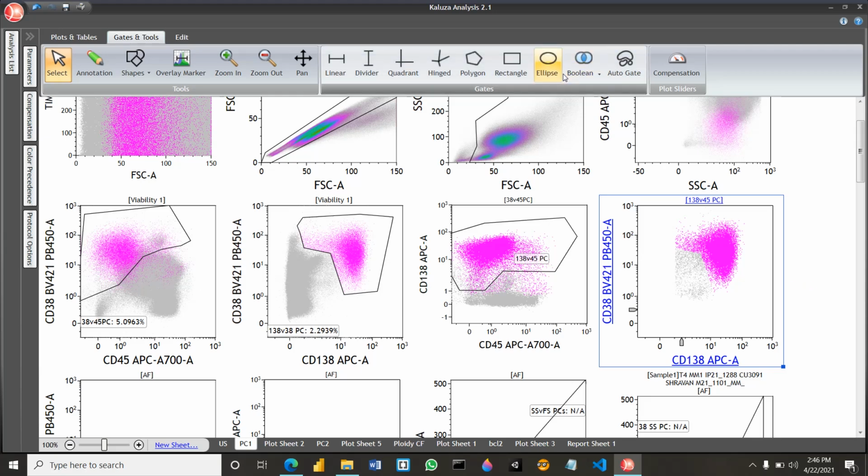Okay, so these are our final plasma cells, where we'll put a gate saying that these are our final PC.